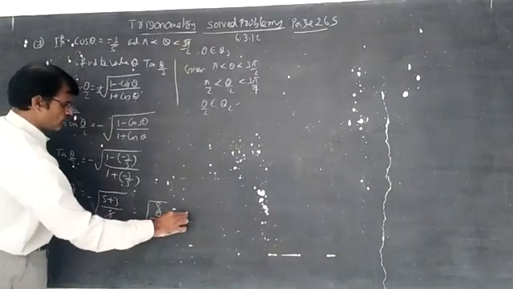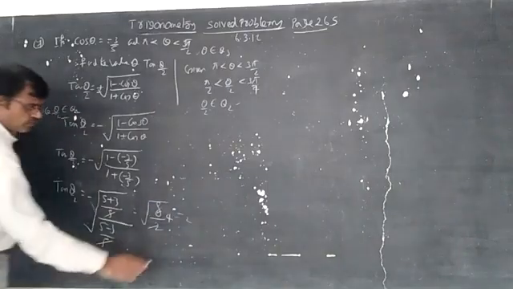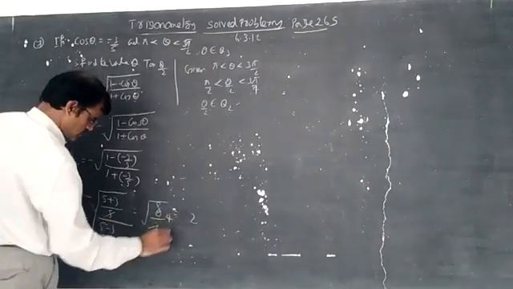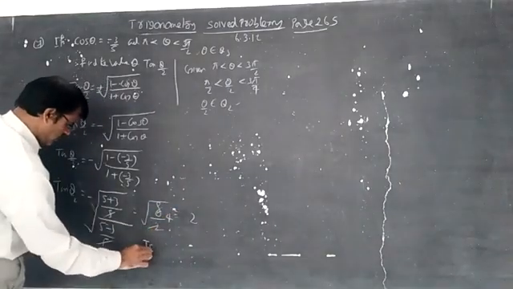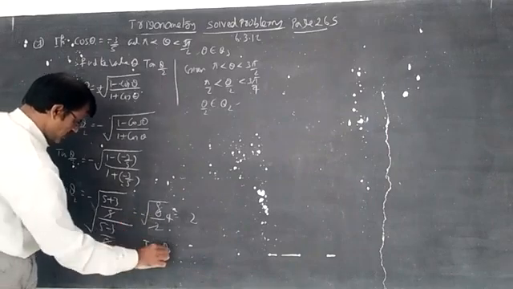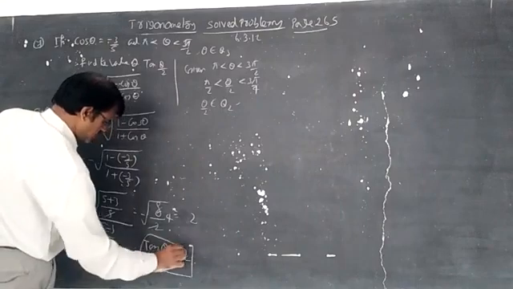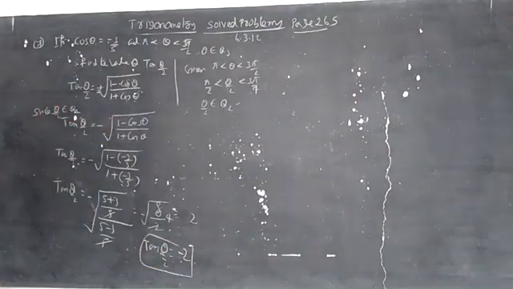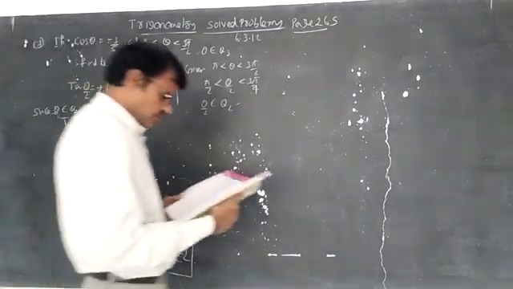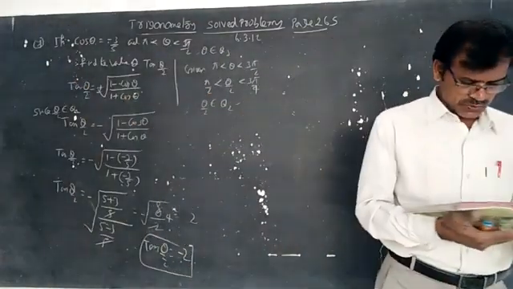So root of 4 is 2. Therefore tan theta by 2 is equal to minus 2, because theta by 2 belongs to Q2.